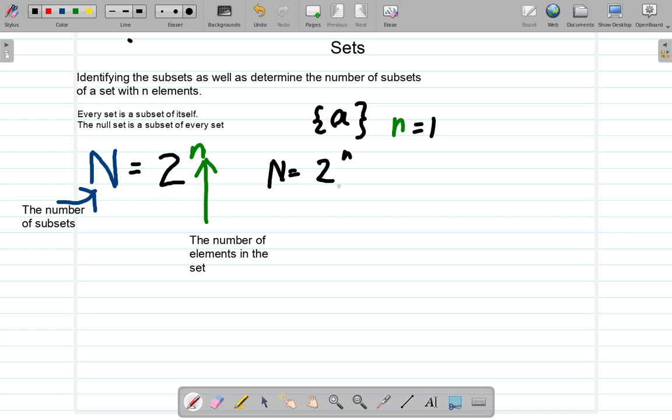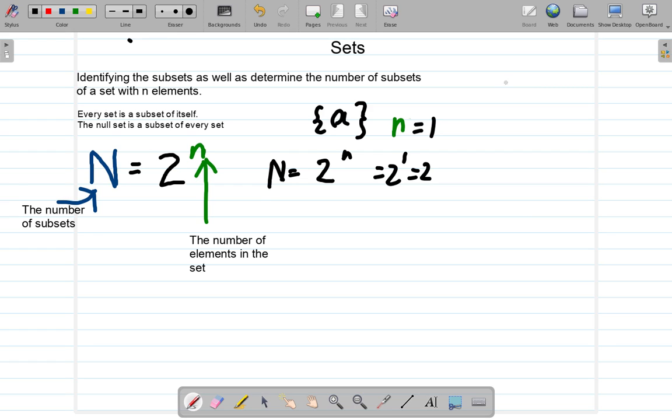Alright, the subsets of the set are all of those other sets that you can get out of that big set there. Now, n is 1. Big N, number of subsets, is 2 to the power of small n. In this case, 2 to the 1 is equal to 2. So there should be 2 subsets.